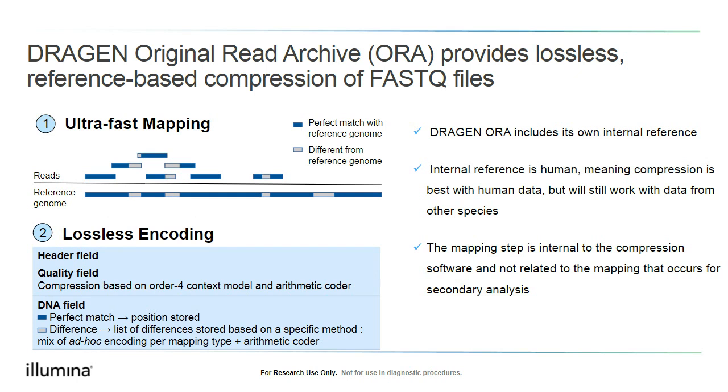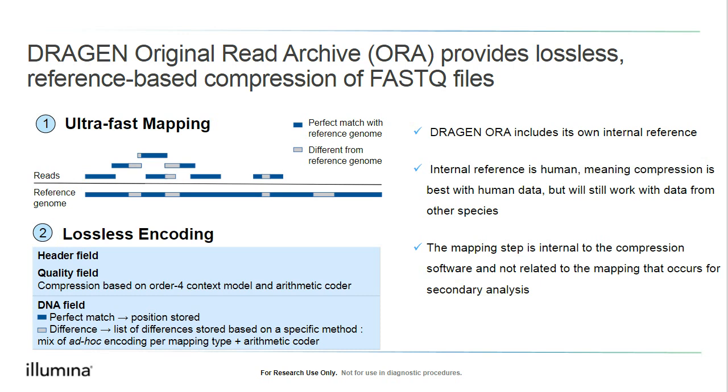This feature is specific to FASTQ.gz compression, and there are 2 steps that we include as part of the compression utility. One is an ultra-fast mapping algorithm that we have introduced into the compression utility. What the mapping step essentially does is take the reads from your FASTQ file and map them against a reference genome that is part of the compression utility.